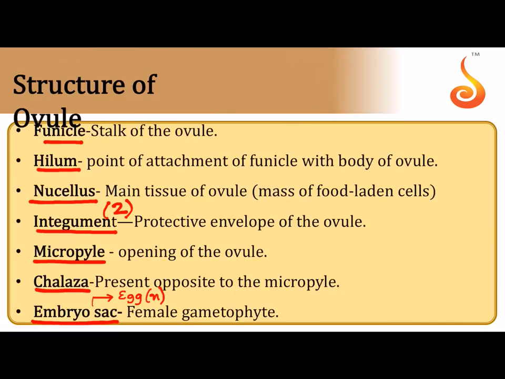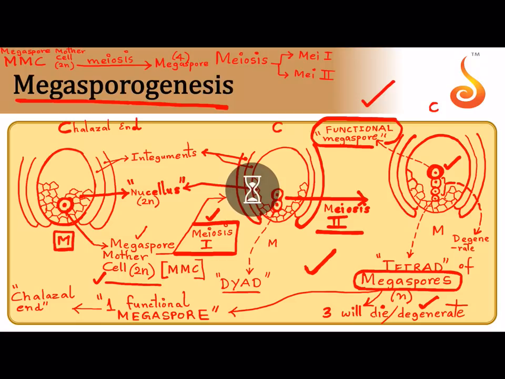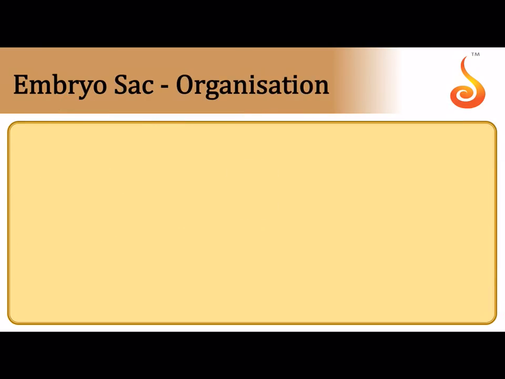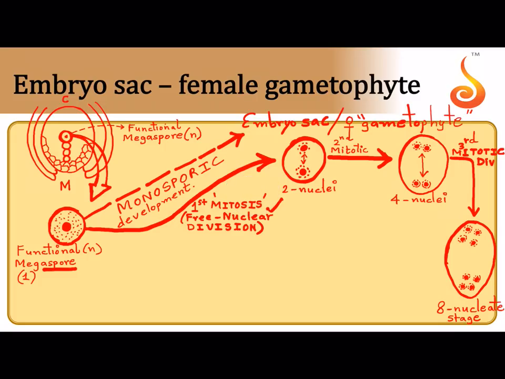Okay, now out of these 8 nuclei, 2 of them will move towards the center. So this one is coming to the center and this one is coming to the center. How many are there now at each pole? 3 are there. So now the divisions are over, no more mitotic divisions.